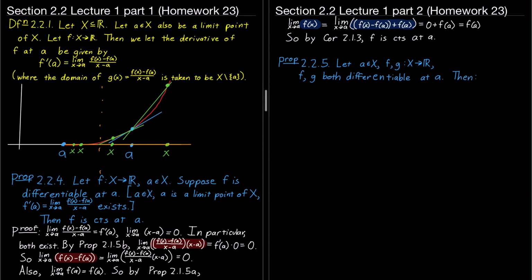Then the following three things are true. First is the sum rule. F plus G is differentiable at a. And the derivative of the function f plus g at a is just f prime of a plus g prime of a.